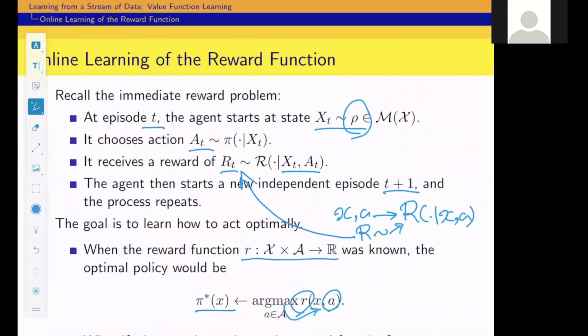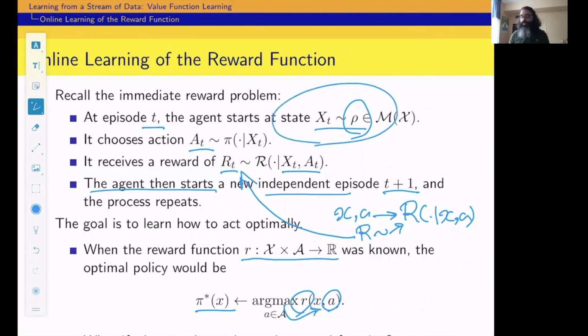So the agent then restarts from a new independent episode, and at that state it chooses again from rho. But you're right that in reinforcement learning in general, if it's a multi-step problem, where the capital T is larger than 1, it is possible that we start from one state but reach another state. So even though we never start from this state, we might have samples from there.